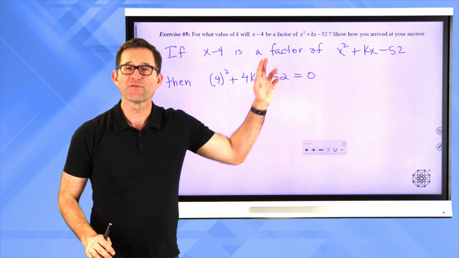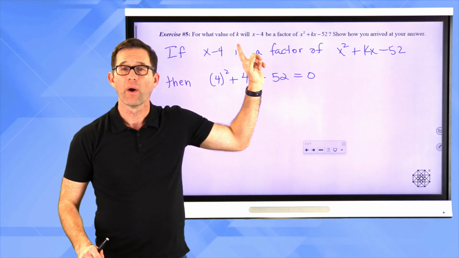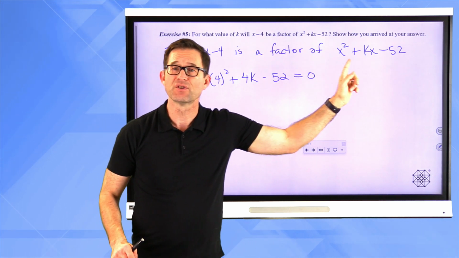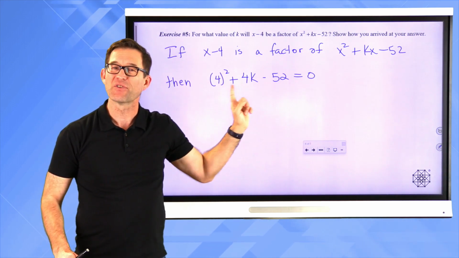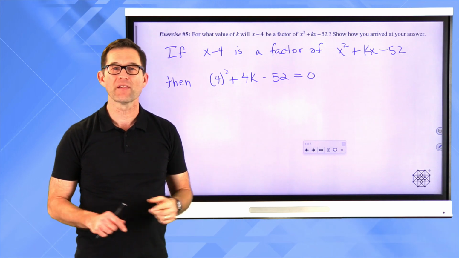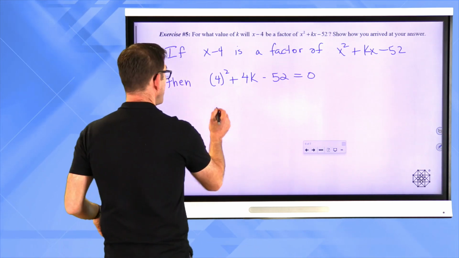So if x minus 4 is a factor of this polynomial, then when I take 4 and I substitute it into the polynomial, it has to be equal to 0. But the cool thing now is the only thing left there is k. So I can solve for it, right? And I can solve for it pretty easily.